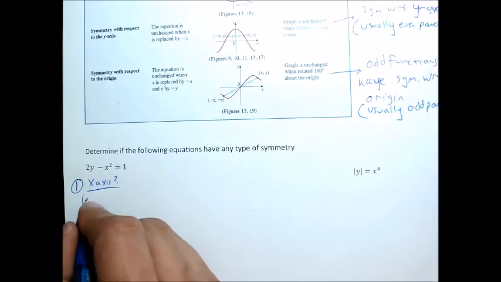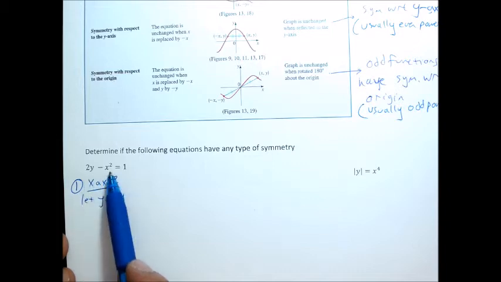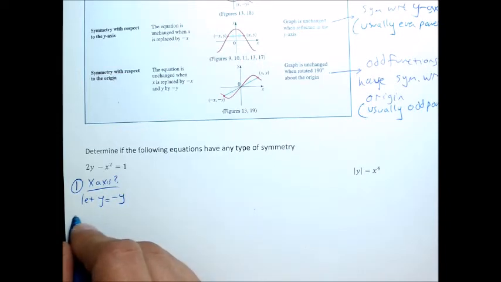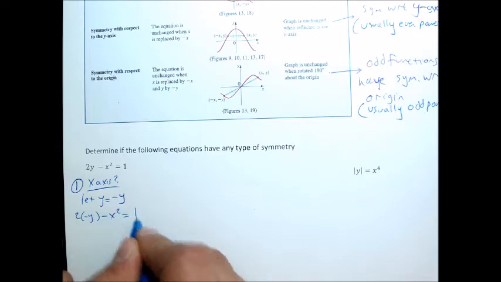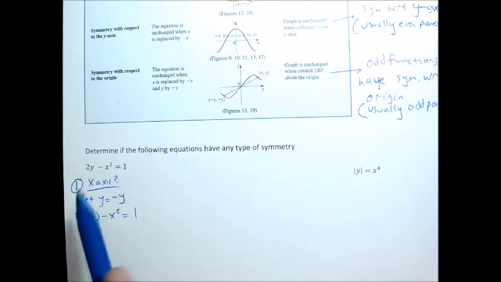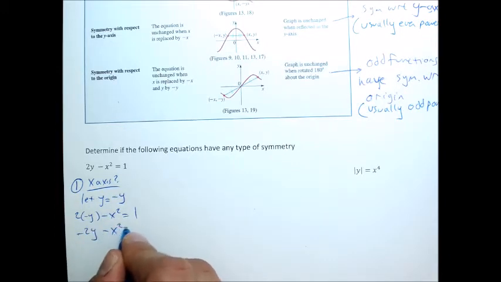And so we let y equal minus y in that equation, 2y minus x squared equals 1. And we'll get 2 times minus y minus x squared equals 1. And that negative y multiplies the 2, and it makes it a negative 2y. And so obviously the equation changed, right?